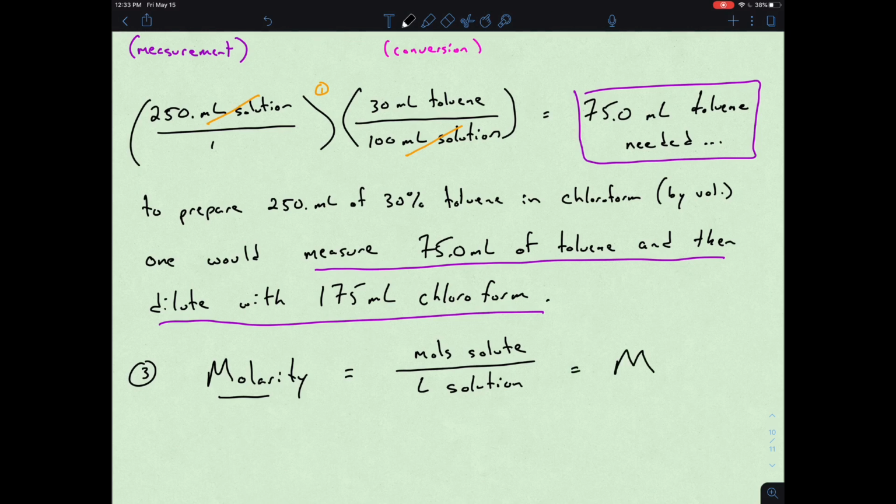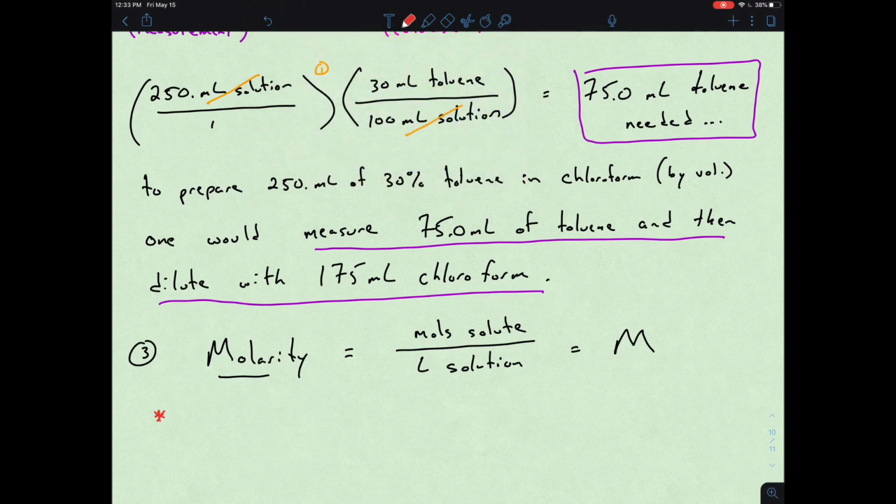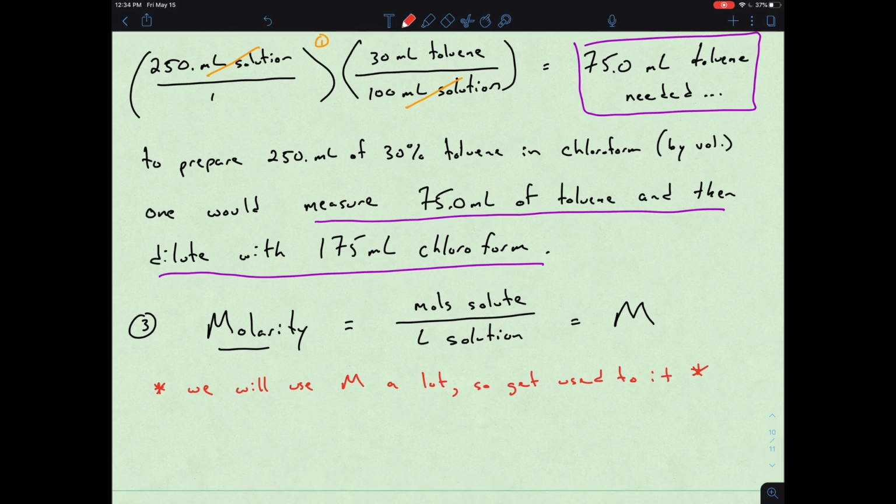And it's given as capital M. And like I said, we're going to be using this basically a lot. So this is really, if you think about it, an access to moles, and that's why we tend to use it so much.